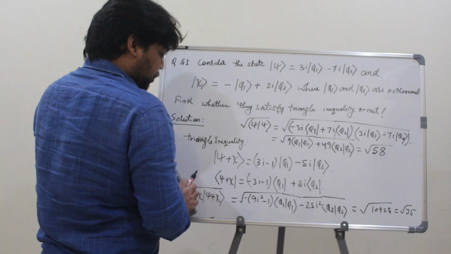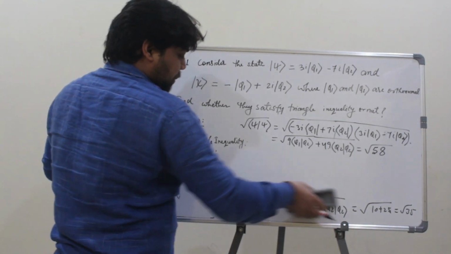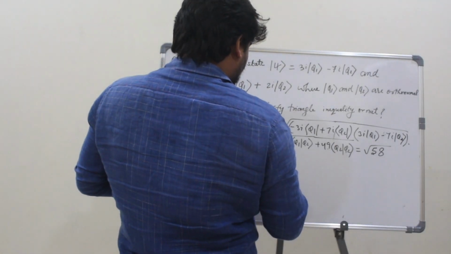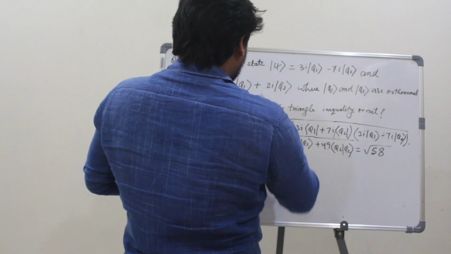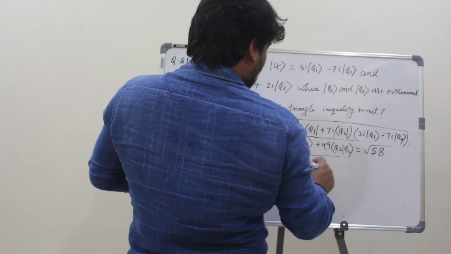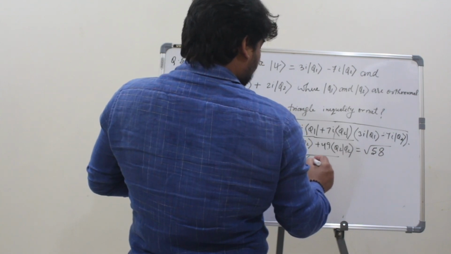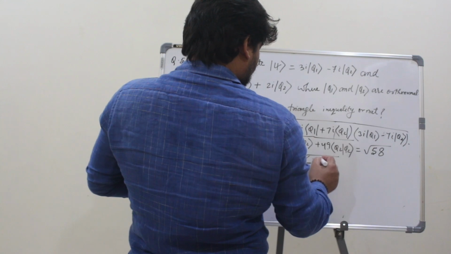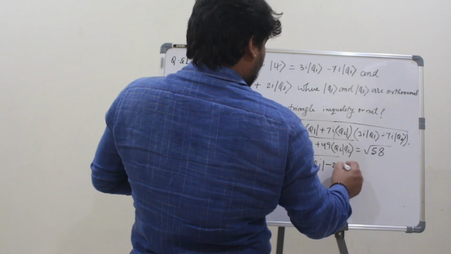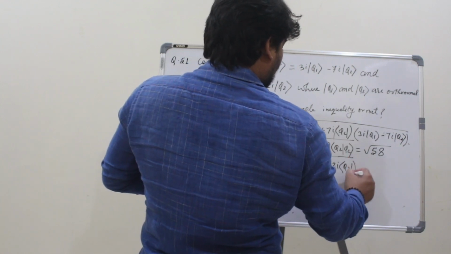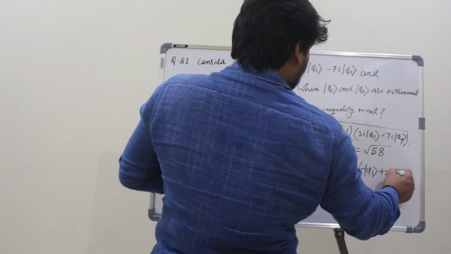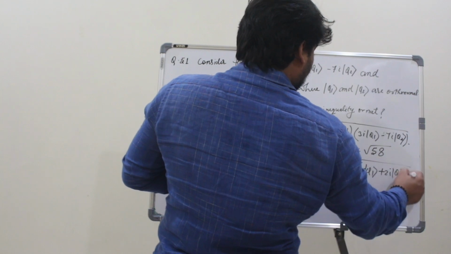Now let us go to the other thing, chi. So what is the norm of chi? Chi's inner product under the root: the conjugate is minus phi1 minus 2i phi2, and then multiplied by minus phi1 plus 2i phi2.